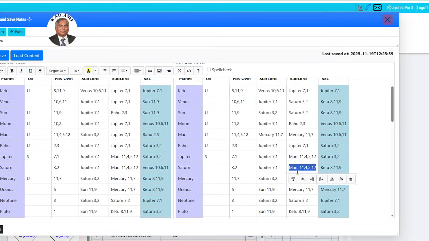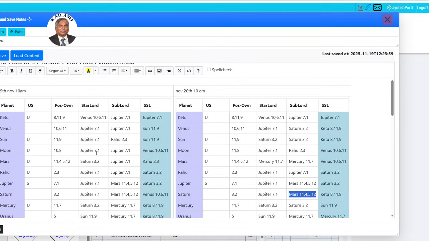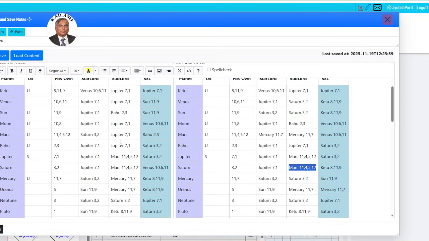When you are not considering the cuspal sublord and you're looking at only the planets signification table, then some of the star lords will change, especially for the fast moving planets. But for Jupiter, Saturn, Rahu, Ketu, the sublord might remain the same. So it creates an issue: when the significations are the same, then the interpretation is going to be the same.